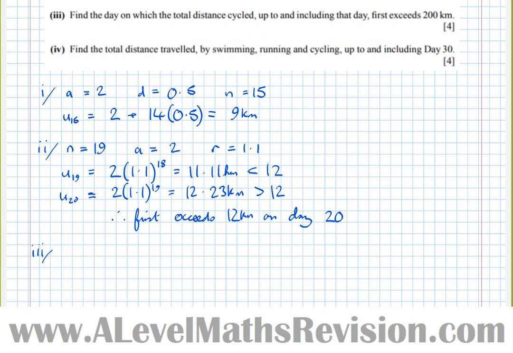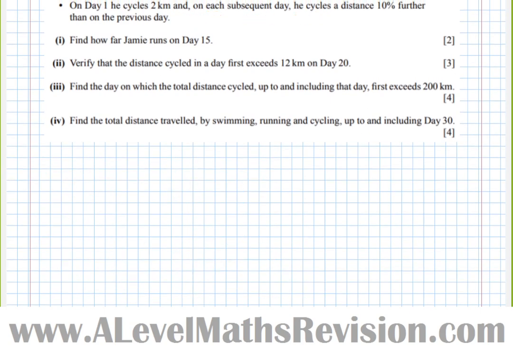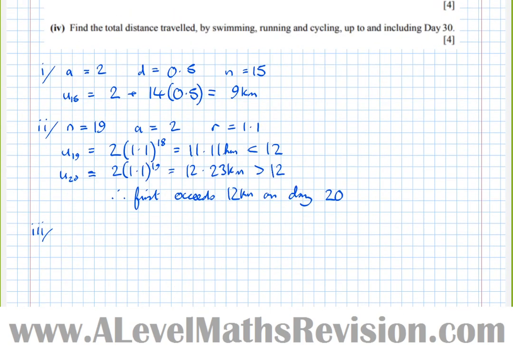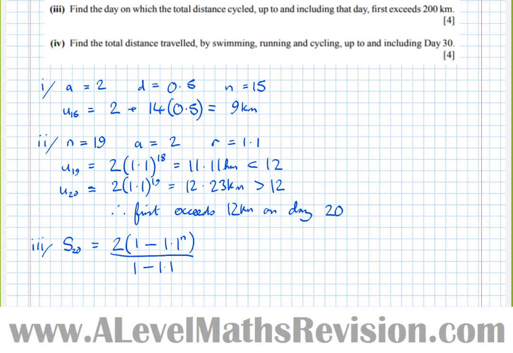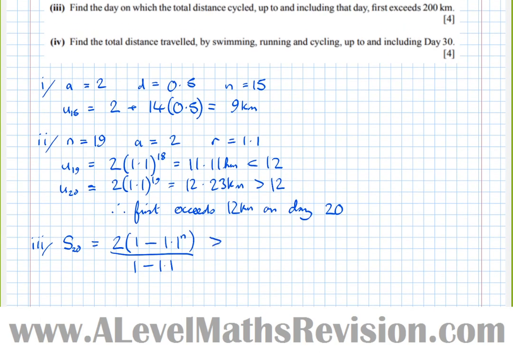So it's the geometric sequence because it's the cycling. So S20 equals a times 1 minus r to the power of n over 1 minus r. And we want it to exceed 200 kilometers.